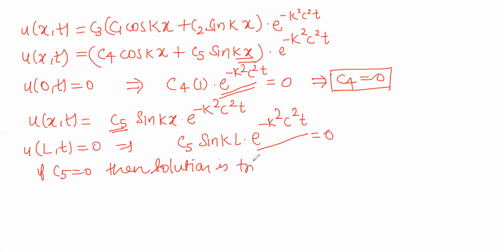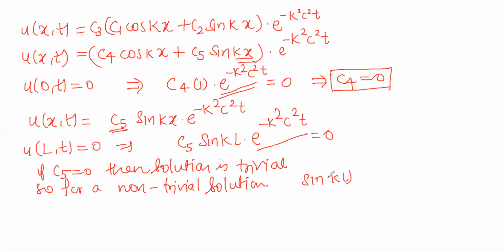So I need a non-trivial solution. For a non-trivial solution, I must have sine kL equal to 0, because c5 should not be 0, and e power minus k square c square t is exponential, so it cannot be 0.